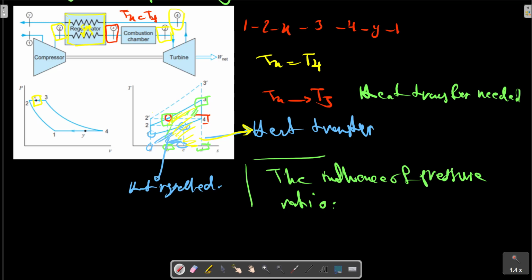Considering the increase in pressure ratio, in this cycle 1, 2 prime, 3 prime, 4, 1, the temperature of exhaust gas leaving the turbine is just equal to the temperature of the gas leaving the compressor, here, point 3. Therefore, utilizing a regenerator is not possible. This can be shown more exactly by determining the efficiency of the ideal gas turbine cycle with a regenerator.